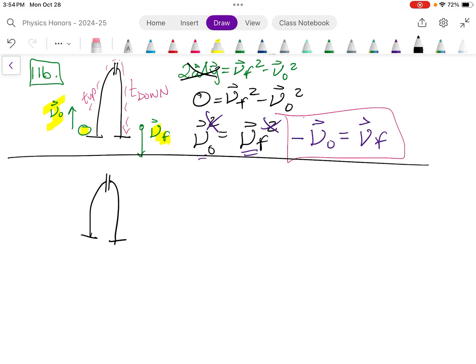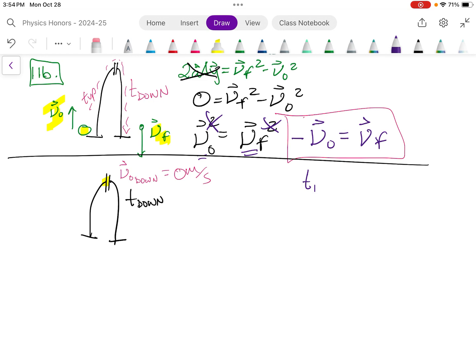It's much easier to take the trip down first, because all of the constant acceleration equations have vo in them. And what do we know about vo on the way down? It's 0. How come? Because it's at the tippy top of its path. And so its initial velocity is 0.